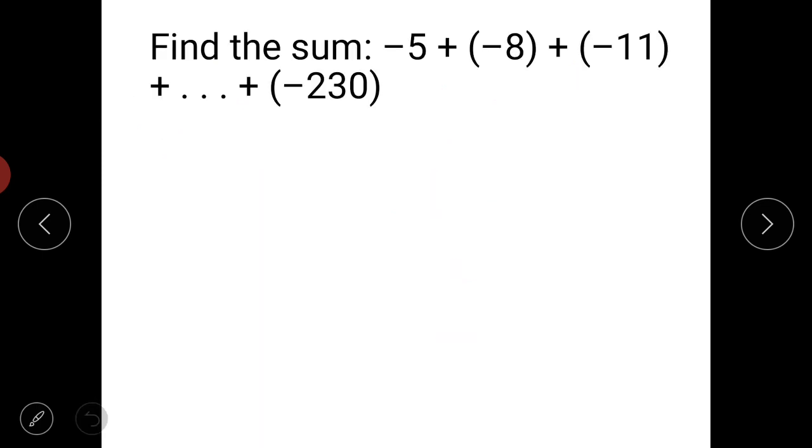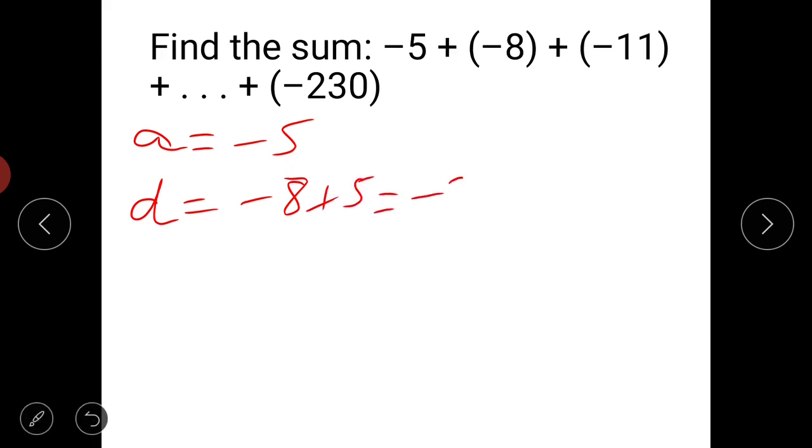Second question, last part, find the sum. First you have to find A, which is here -5, and d is -8 plus 5, which is -3. Got it? And we assume the last term, the nth term, is -230.